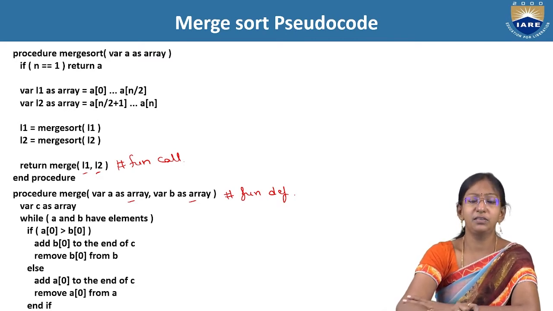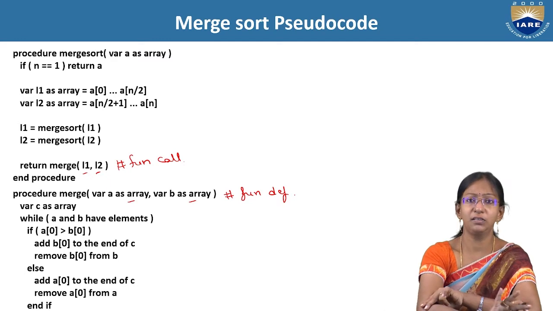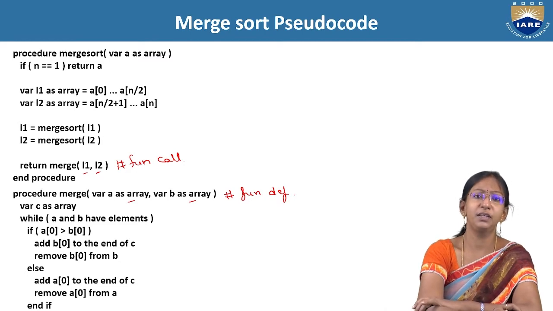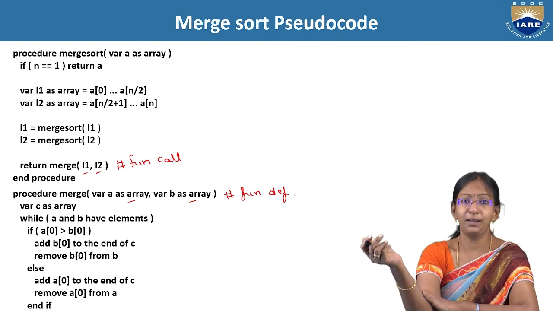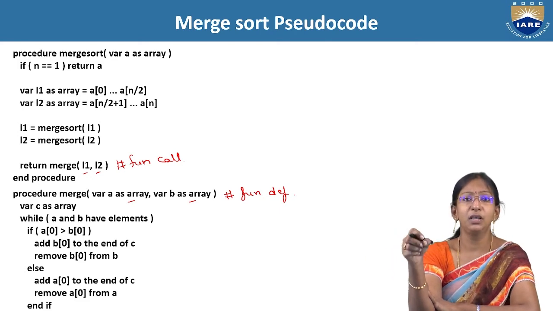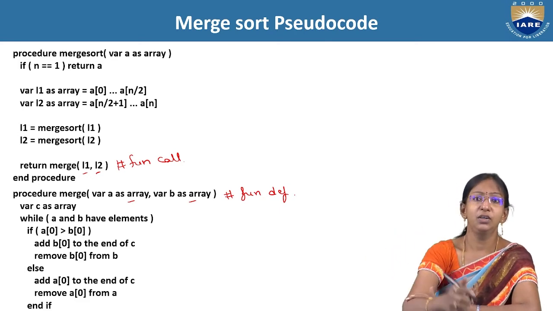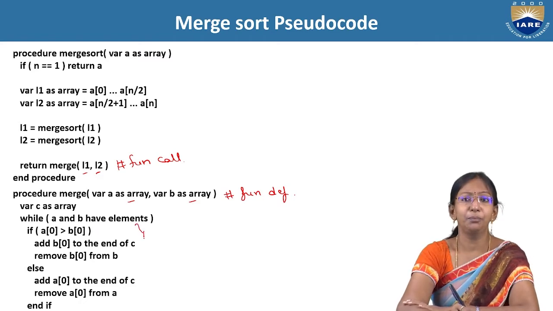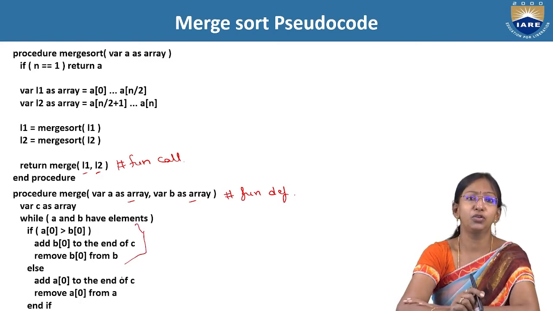If one of the lists ends, then the sorting is done, right? Unless you reach the end of either one of the lists A or B, or both might end at a time if they are broken into equal halves. So compare the elements. This is what we have to do. Compare the elements and sort them.